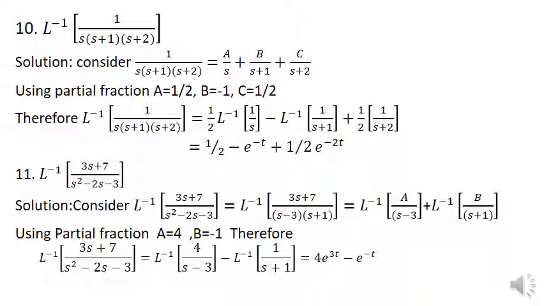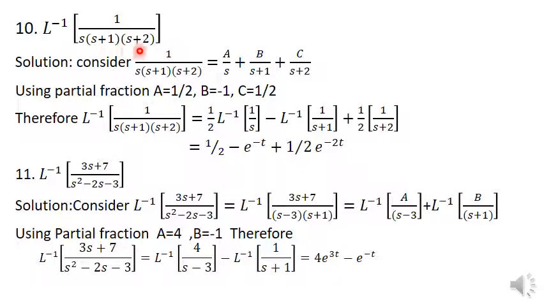Example 10. Find L inverse of 1 over s into (s plus 1) into (s plus 2). So first of all we have to split the denominator, otherwise we can't apply the inverse Laplace transform for this product.